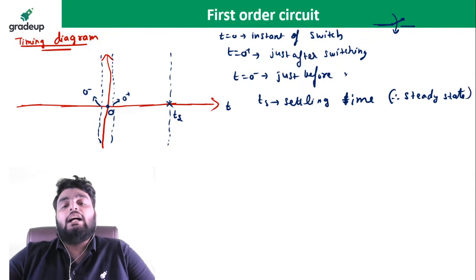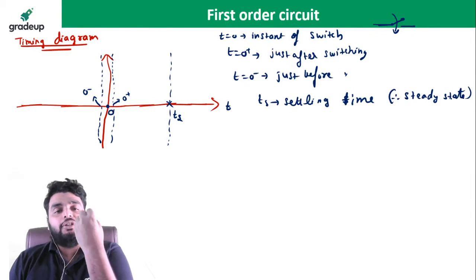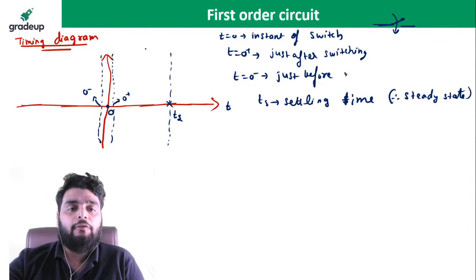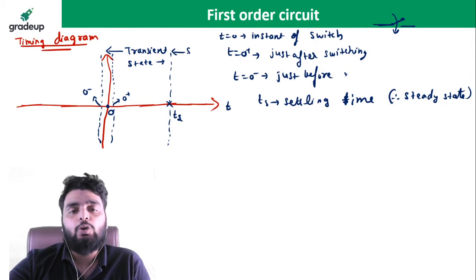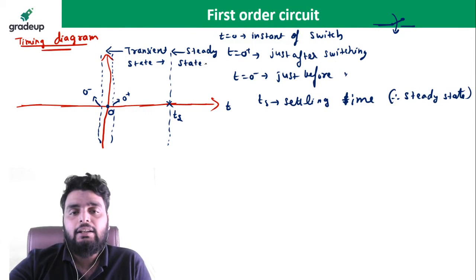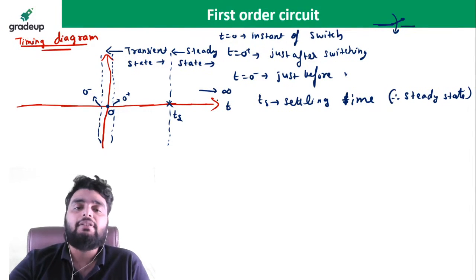Because after a transient, which state will come? Steady state. So from here to here, I have a transient state. From here till t tends to infinity, I have a steady state.